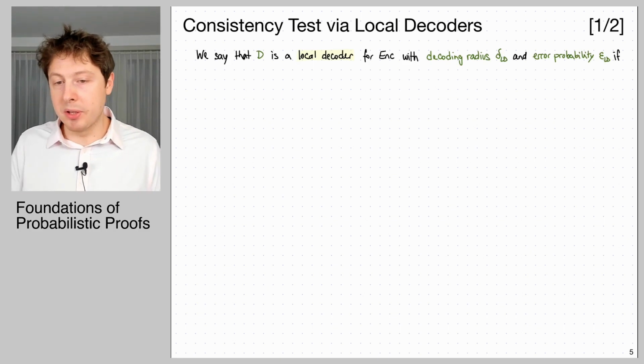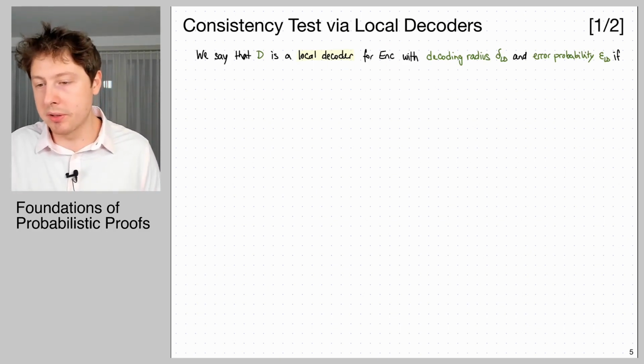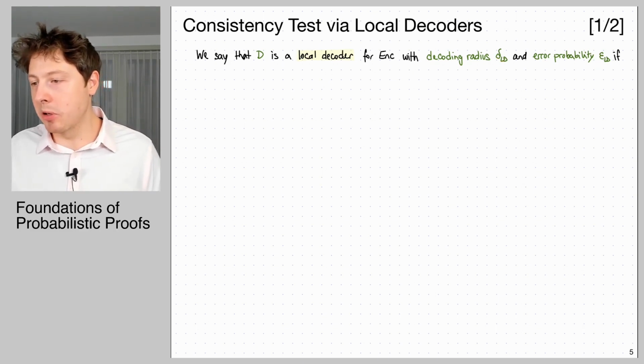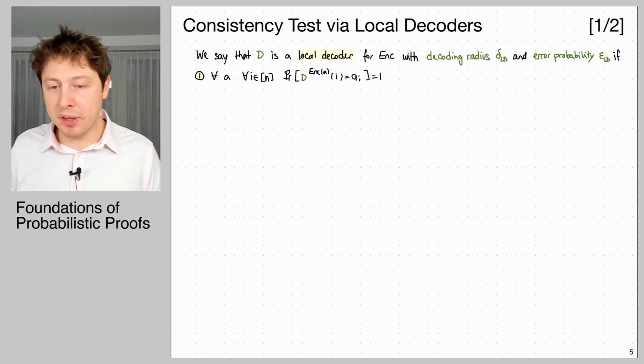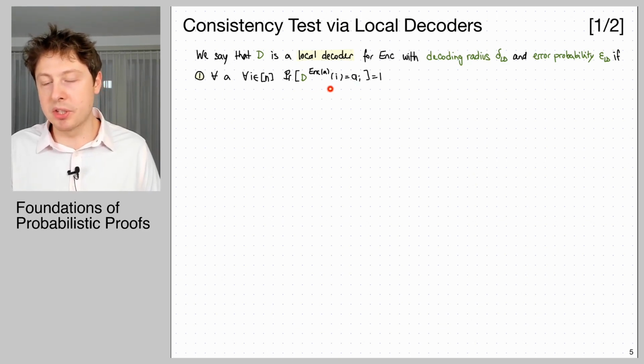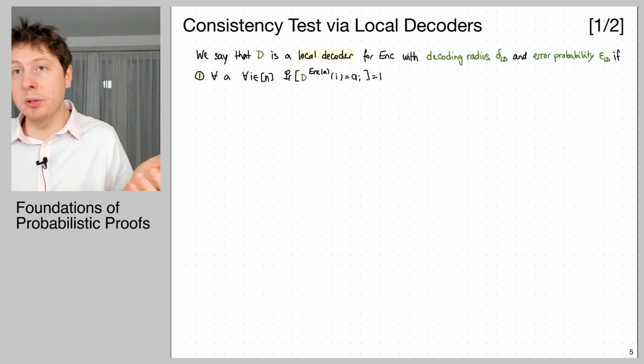So in general, we say that D is a local decoder for an encoding enc, or in general a code, it's the same thing, with decoding radius delta LD and error probability epsilon LD, if 2 things hold. Well, first, if you give me a valid encoding of the message and I give you any index, I'm able to reconstruct it from the valid encoding. And you should think of this local decoder as being local.